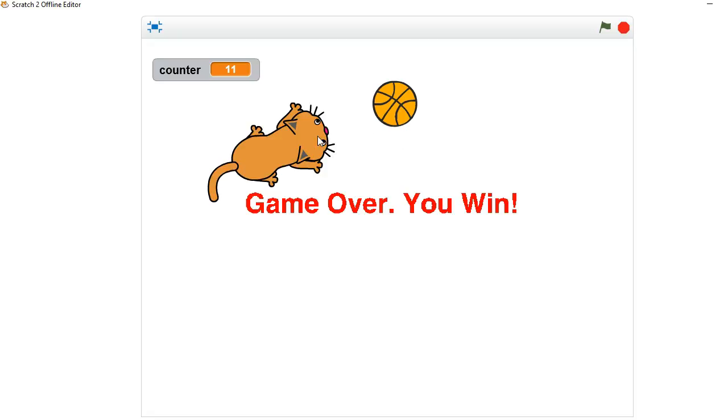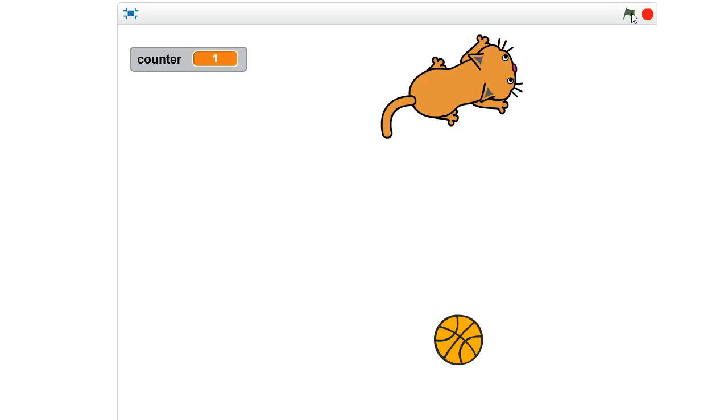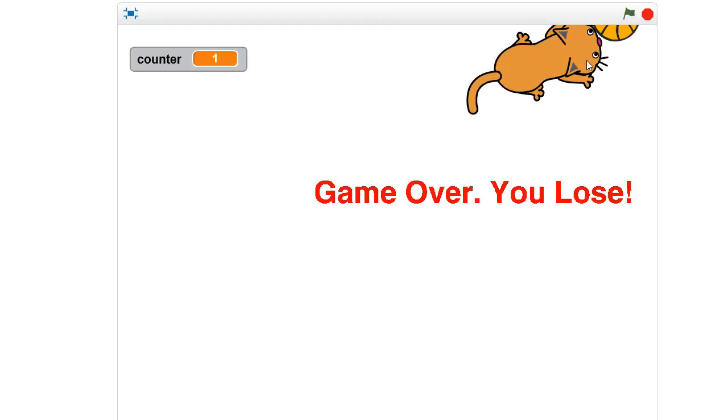Yes, you guessed right. When this cat catches the ball, then the game will be over. This is the special case where this loop counter will not complete its life. Now let me play this again. As you can see, the counter is still 1 and the game is over because this cat touches the ball.